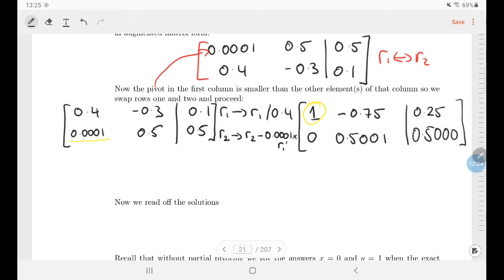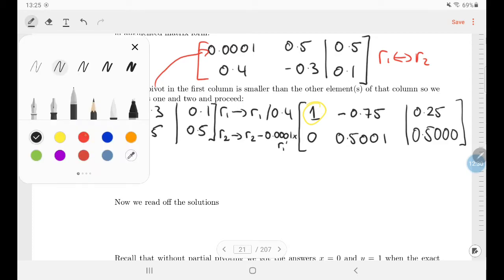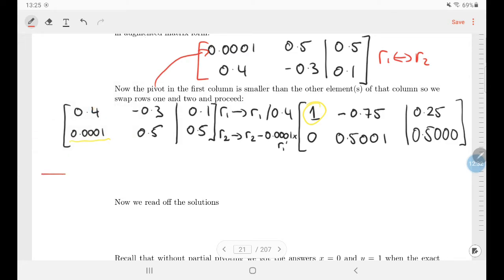Now I want to get another pivot. So what I have to do is to turn the 0.5001 into a 1, I need to divide by that number. So I'm going to send row 2 to itself divided by 0.5001.